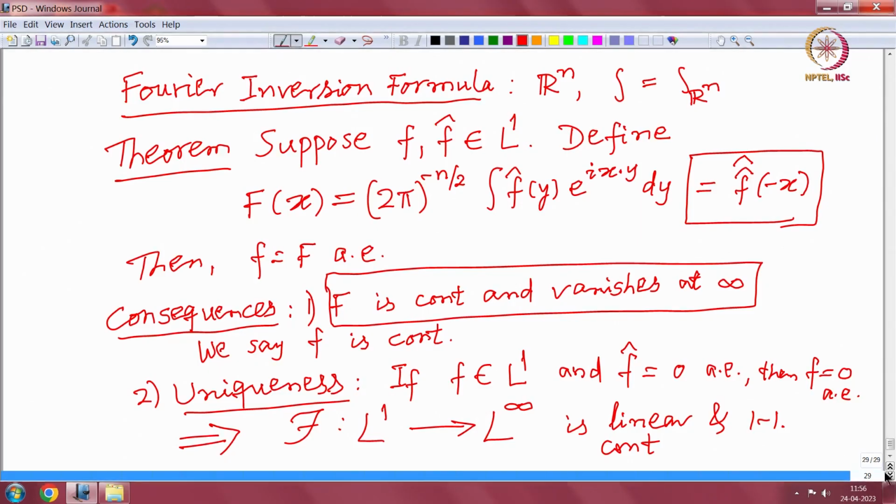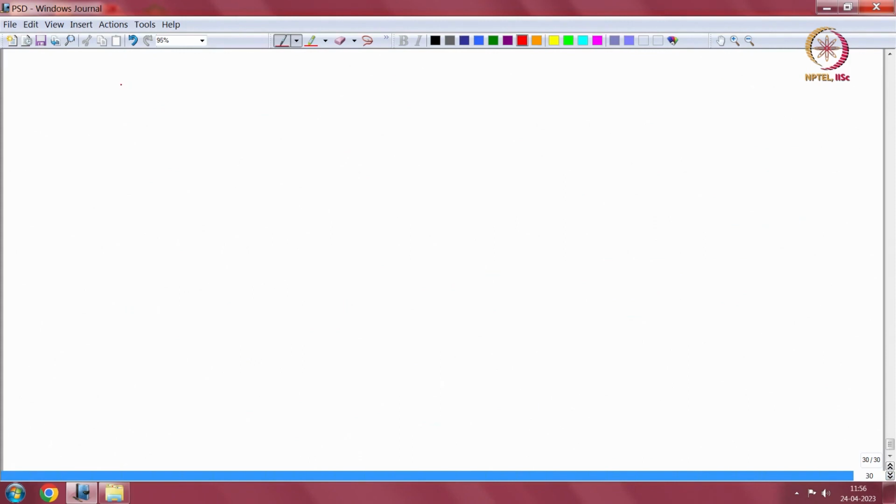And one more thing, by using the Fourier inversion formula, we have f of x equal to f cap cap of minus x, and if you repeat it 2 more times, instead of writing 4 hats, let me write it this way.